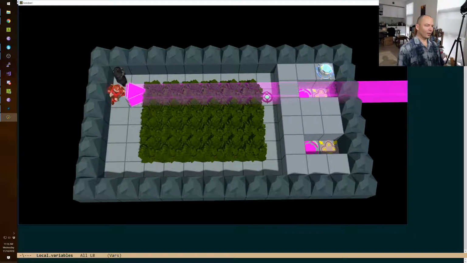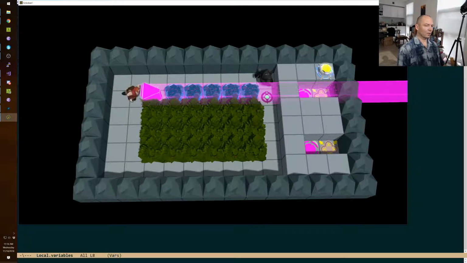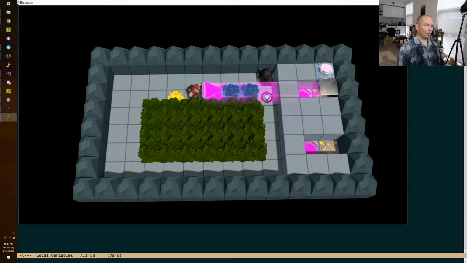What? I think the level changed or something. Oh, no. Okay. This is a bug. What?